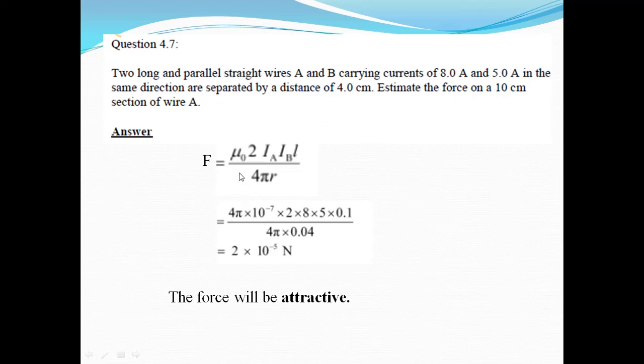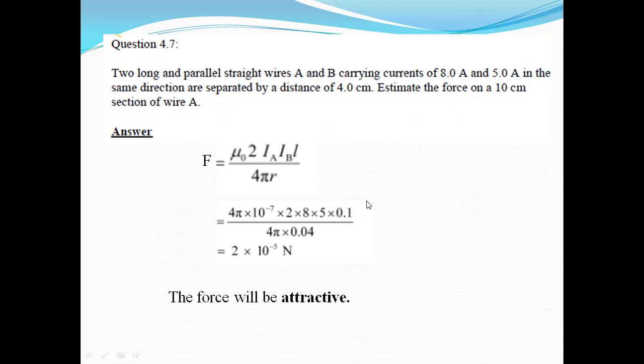So when you substitute the values of Ia, that is 8 ampere, Ib is 5 ampere, L is 10 centimeter section of the wire, and r is 4 centimeter. So 10 and 4 you have to convert into meters and then continue with your calculation. You get your force to be 2 into 10 to the power minus 5 Newton.